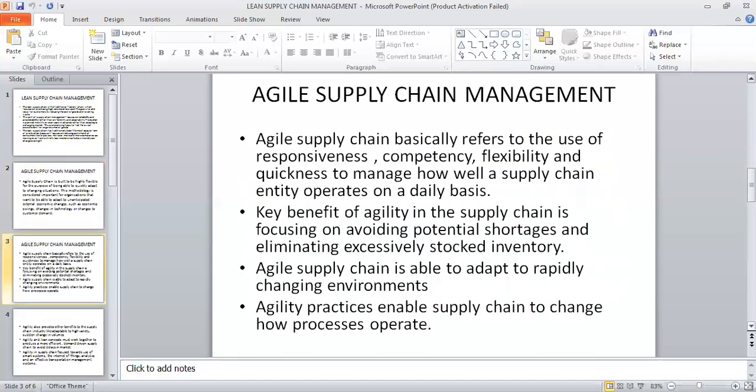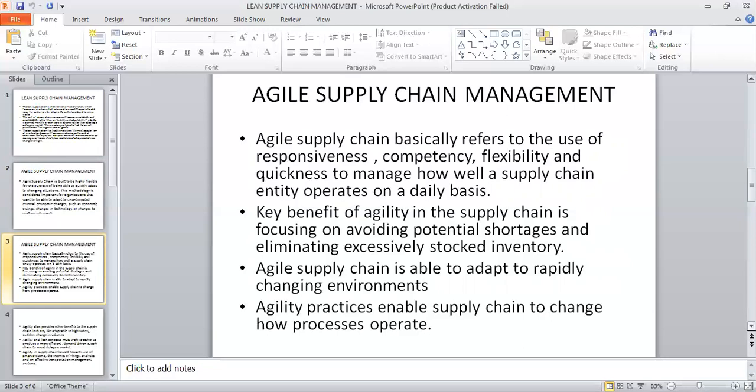Agile supply chain management refers to the use of responsive management. It is highly adaptable and quickly responds to the market. It is highly flexible and quick in managing how well a supply entity operates on a daily basis.